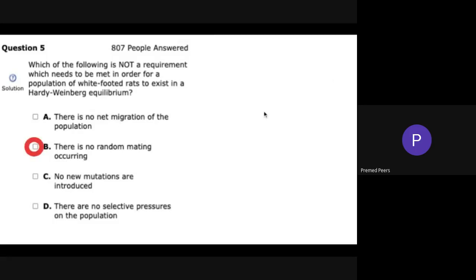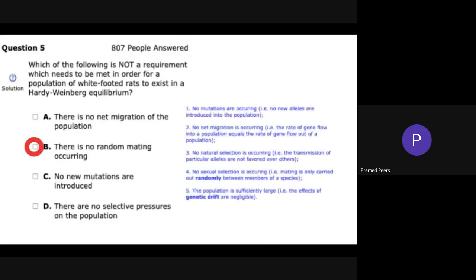Yeah, so the 5 tenets are no mutations, so get rid of C, no net migration, so get rid of A, no natural selection, so get rid of D, and then the 2 other ones are no sexual selection and the population has to be sufficiently large. So this is mostly just a content/memorization thing.